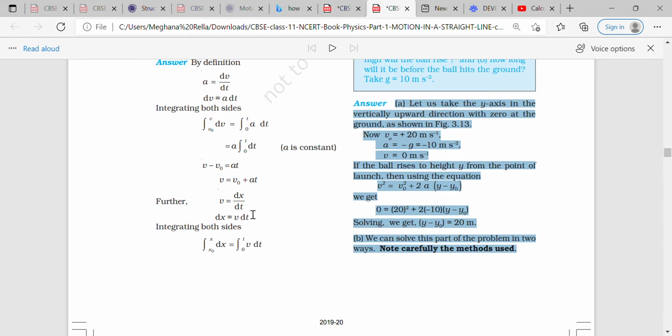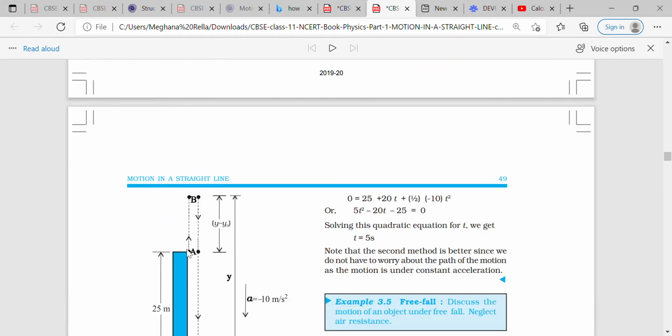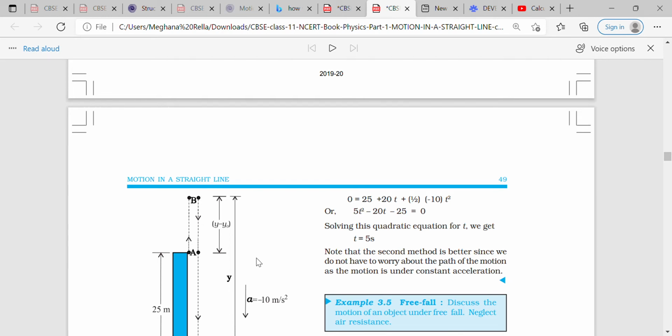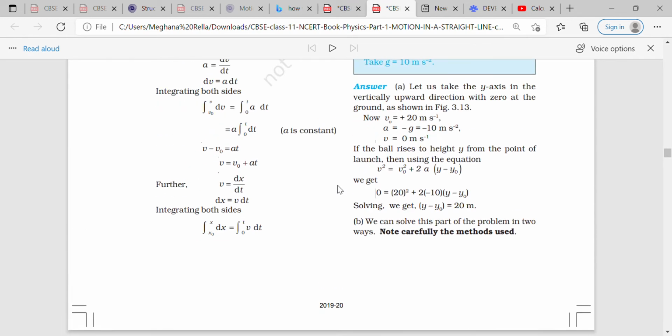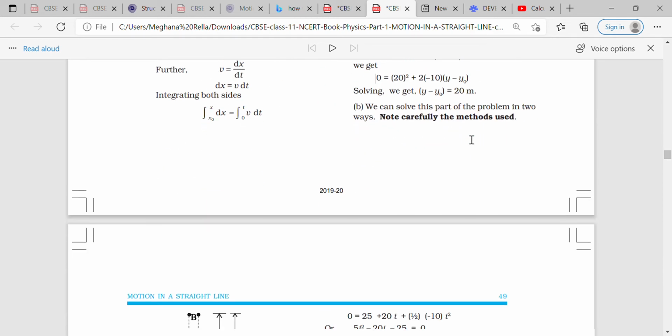So what they're telling is, here the velocity will be 20 meters per second. Here it'll be 0. It's going up, right? So it'll be 0. So v naught will be 20 and v will be 0 and a will be minus 10 meter per second squared because it's going up.